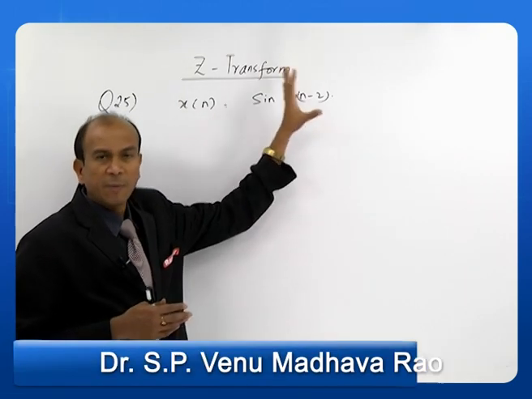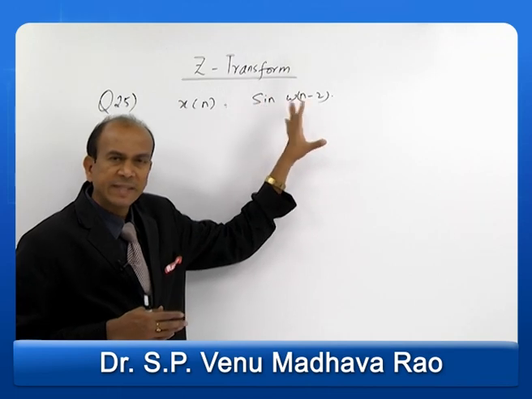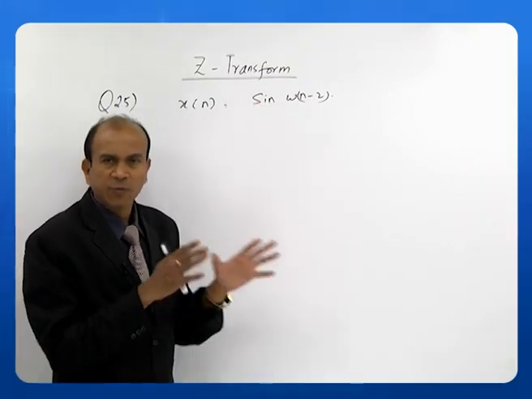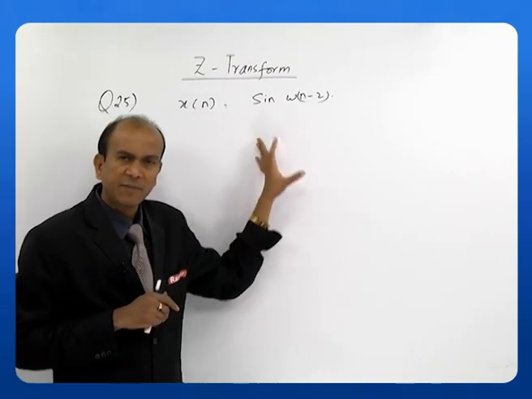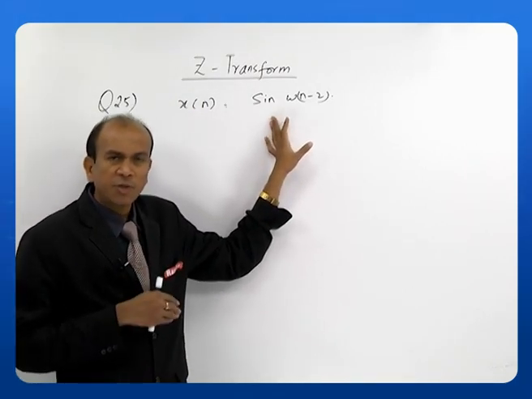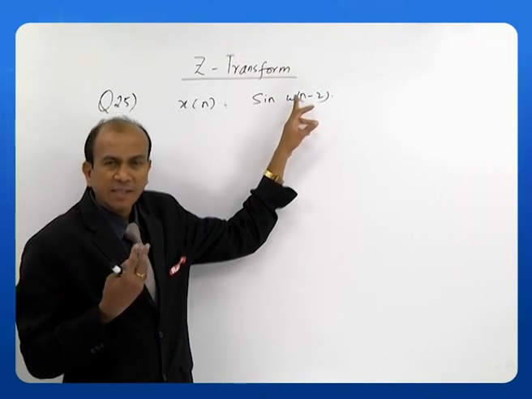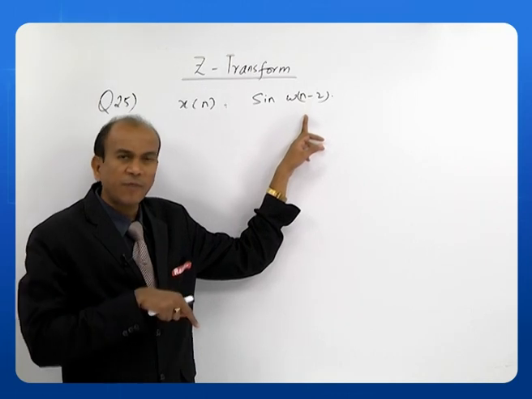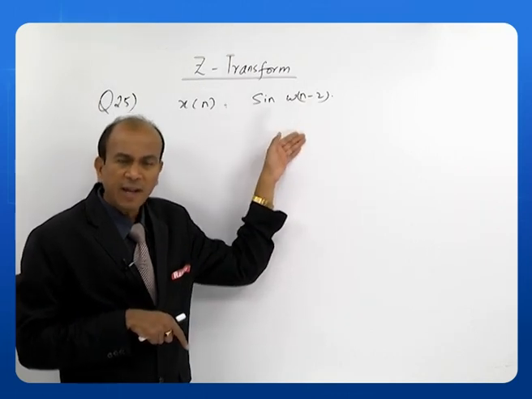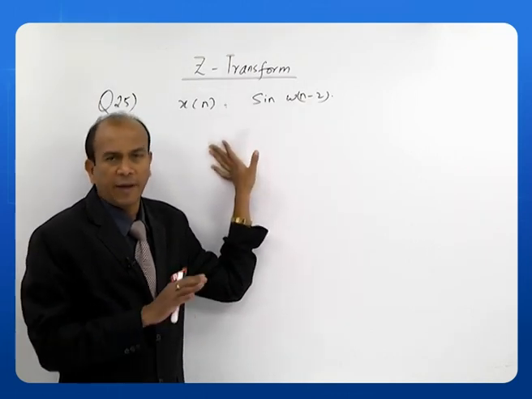So I will apply the time shifting property z plus or minus k x of z. That is one way. But if you remember, we have done a lengthy process last class where we have taken around 2-3 minutes to find out what are the answers for a cosine function and a sine function given like this. So you make use of our knowledge of what we have calculated earlier, and we will find out what is the x of z for this.